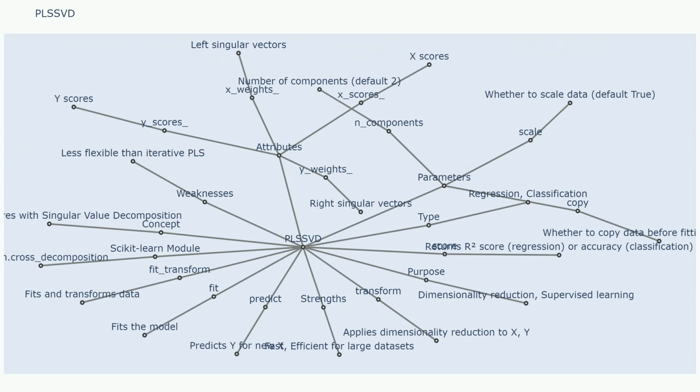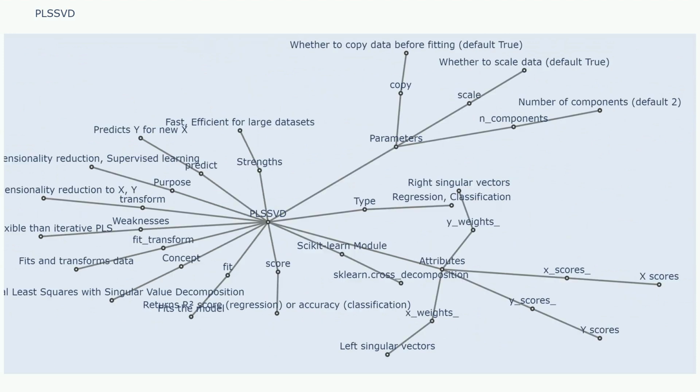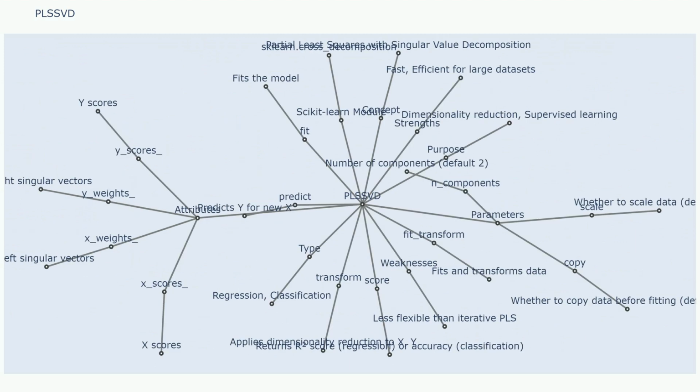The scale parameter allows you to choose between scaling the data for improved numerical stability or leaving it unscaled, depending on your specific needs. 3. Data handling. The sklearn cross-decomposition PLS regression class readily accepts both NumPy arrays and pandas data frames, offering flexibility in data input.